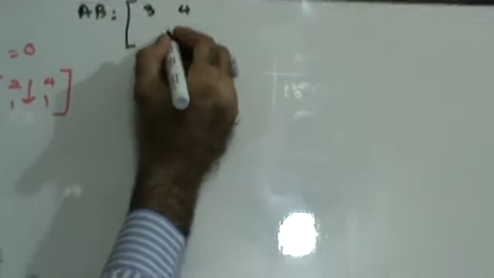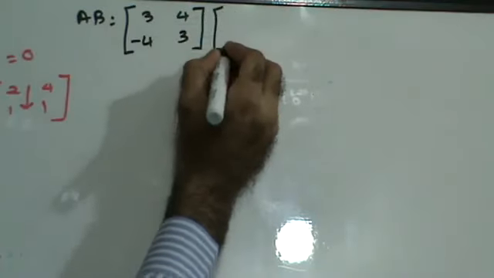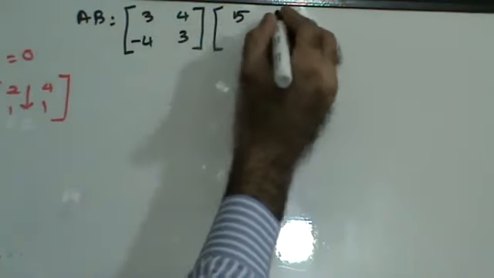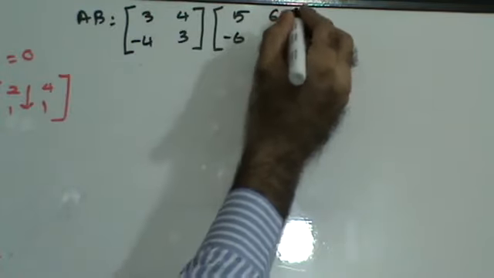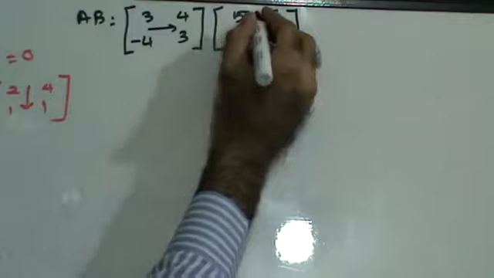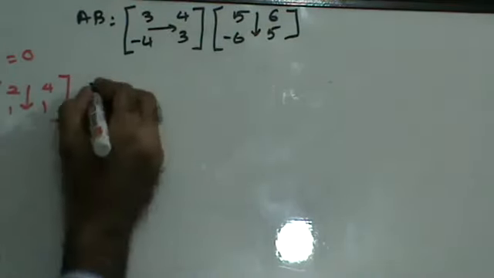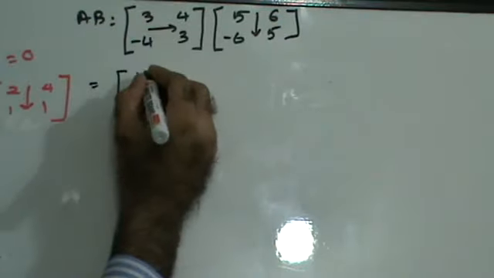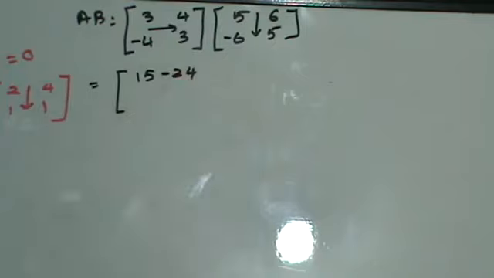A is [3, 4; minus 4, 3] and B is [5, 6; minus 6, 5]. Multiplication. How do you multiply? Rows into columns. So this is going to be equal to 5 3s are 15 plus minus 6 4s are 24. That was first row into first column.